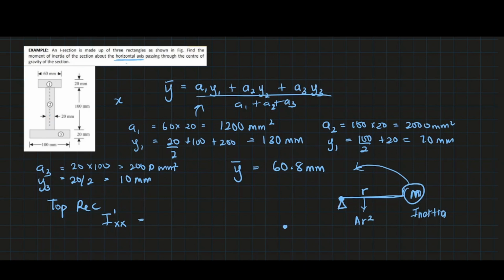But if the object was at the pivot point, the only inertia that will be needed is simply the inertia of the object itself. I'm explaining this concept because we're going to be using this a lot here.